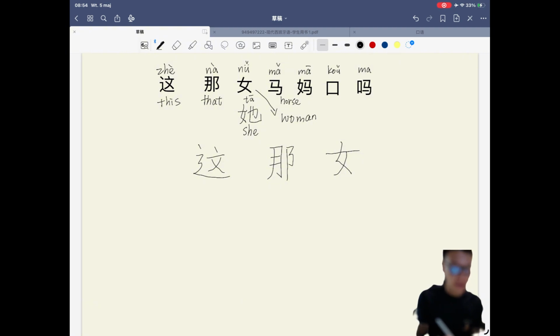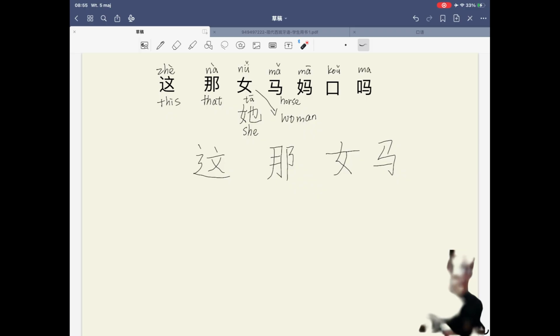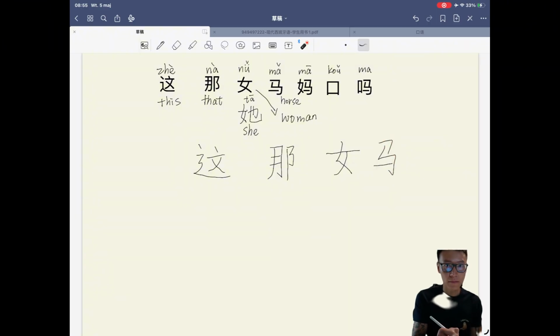It's also an easy character because it only has 3 strokes. Okay, 1, 2, 3. Okay, if you want to practice more, you can pause the video and write 2 or 3 more times by yourself. Alright? Okay.